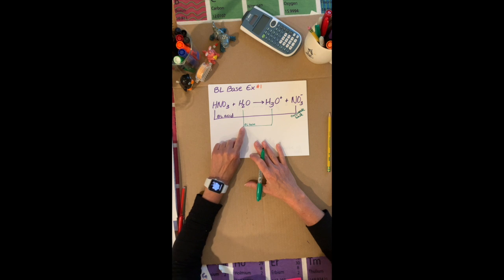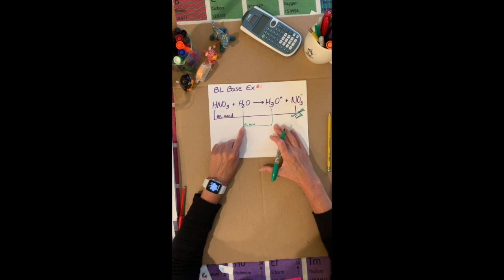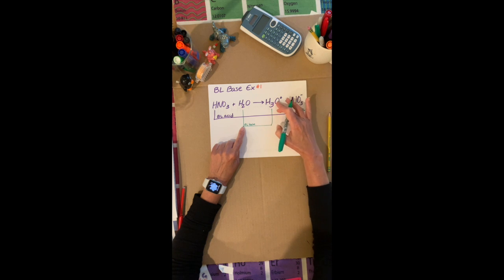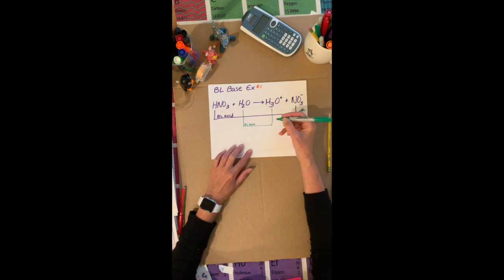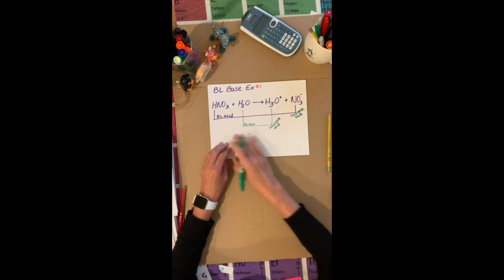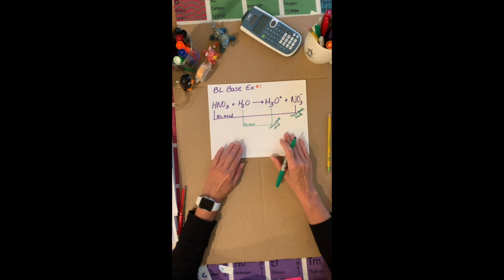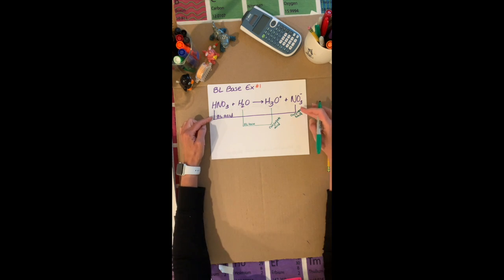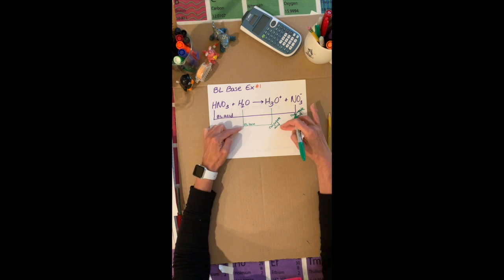Likewise, water, the Bronsted-Lowry base. In the reverse reaction, this hydronium ion donates one of those hydrogens back here. So this is called the conjugate acid. And we can call these conjugate acid-base pairs. That's a conjugate acid-base pair, and this would be the other conjugate acid-base pair.